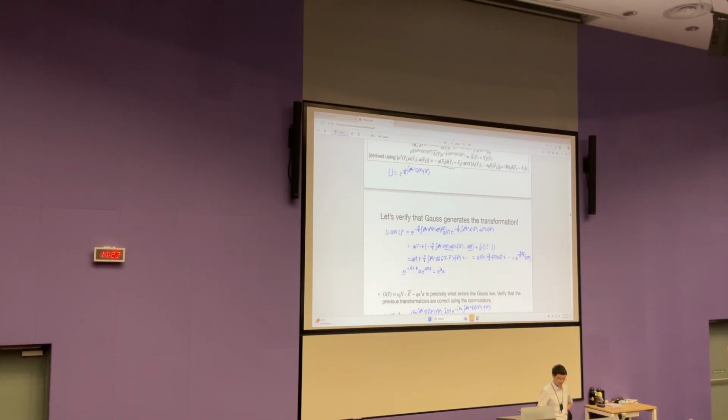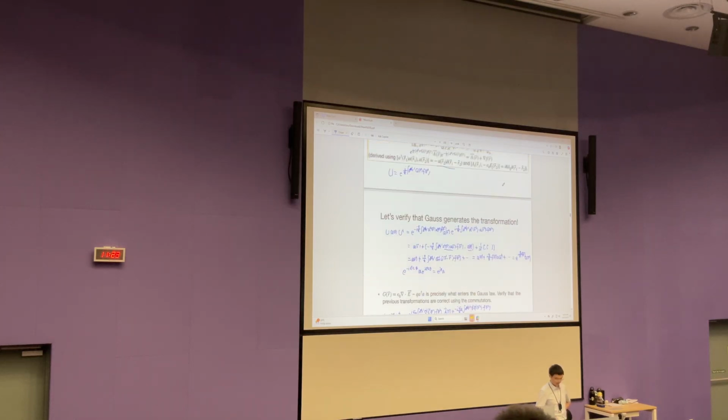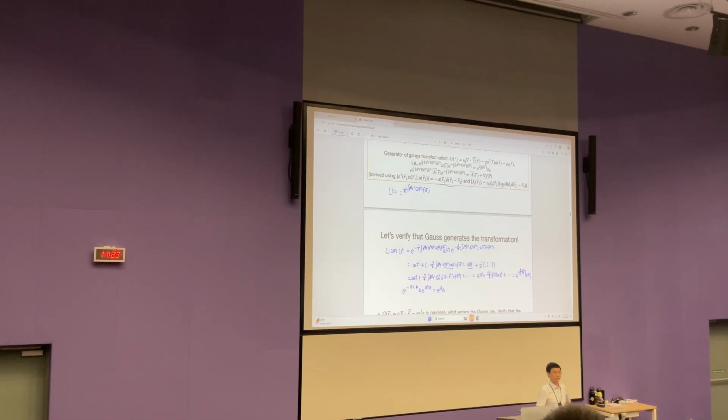Finally, I just have to use this commutator here. I think there's an H bar here. I missed the H bar here. The last step just comes from this commutator. Any questions?